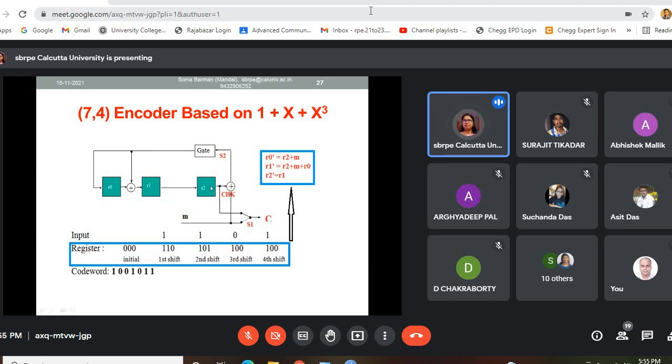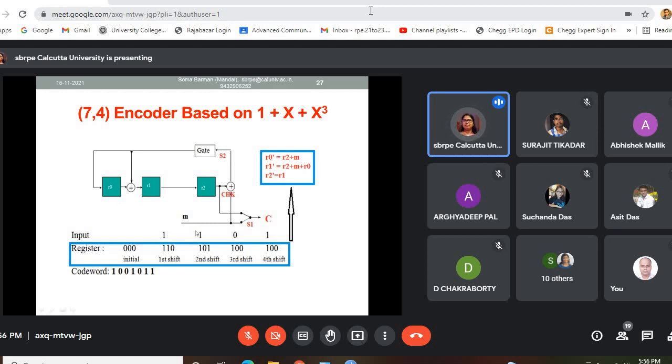And R2 is the present state of the third shift register content, then the next state will be R1. How many shift registers there will be depends on the order of your generator polynomial. As the order is 3, we are considering 3 shift registers. If it is 4, then obviously you have to consider 4 shift registers.